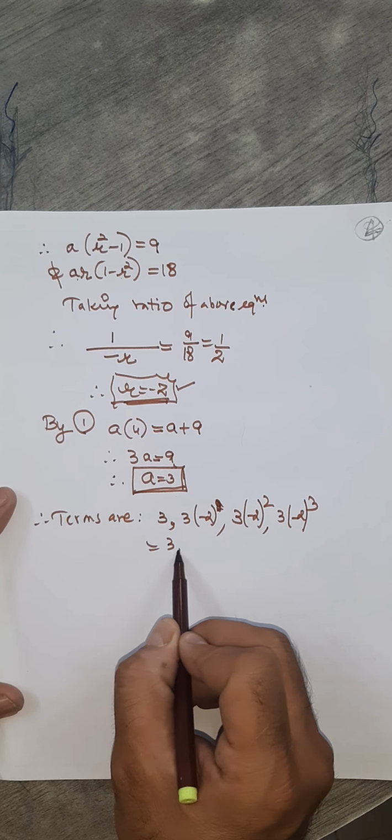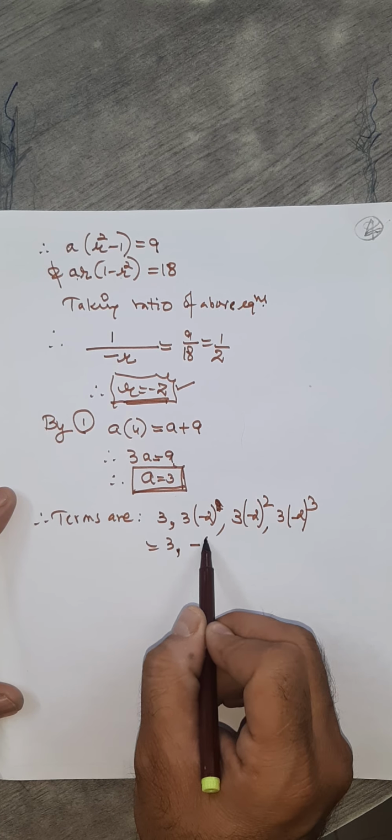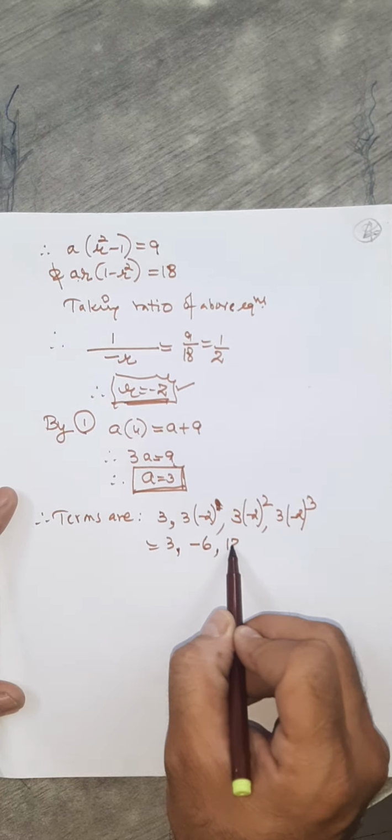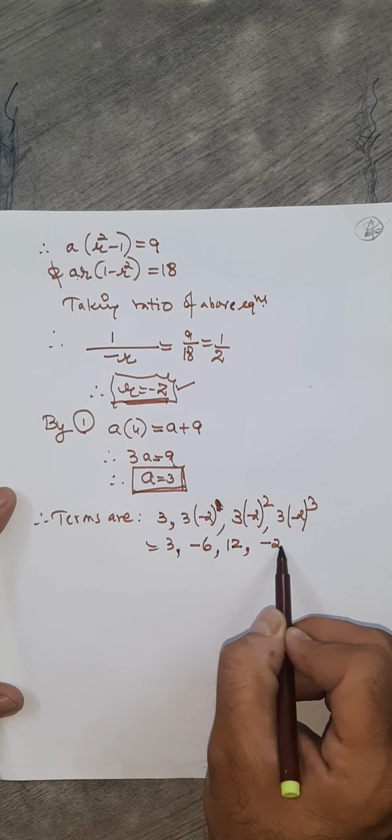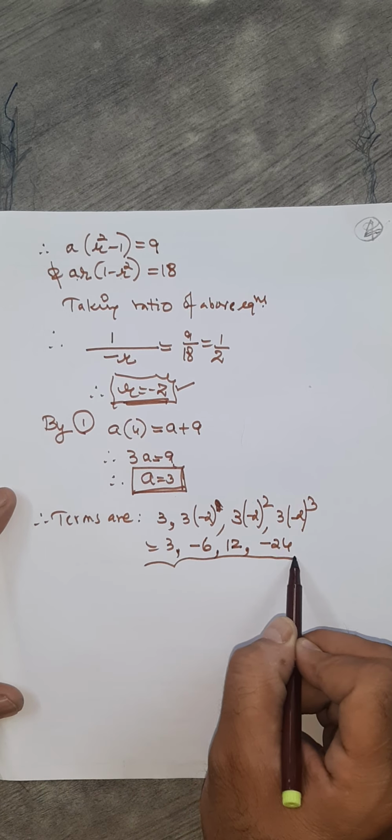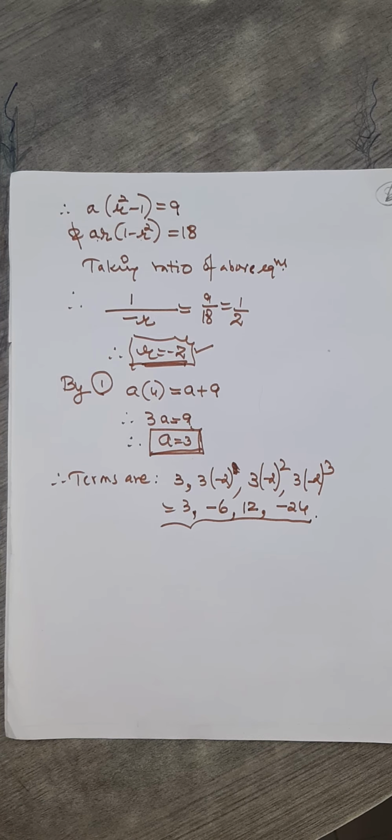Therefore you have 3, then minus 6, then 12, and then minus 24. These are the required terms. Fine. It is just about elimination, nothing more than that.